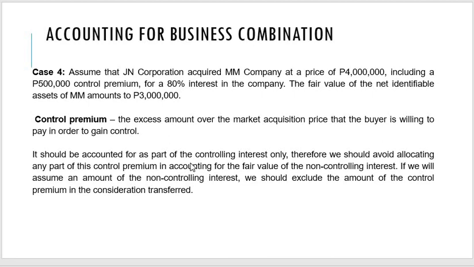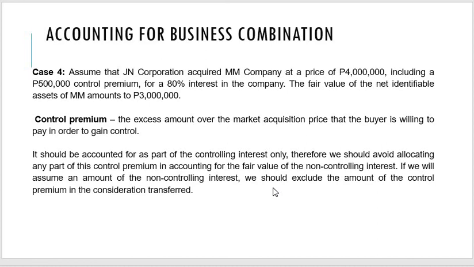Control premium is the excess amount over the market acquisition price that the buyer is willing to pay in order to gain control. Okay, so it should be accounted for as part of the controlling interest only. Therefore, we should avoid allocating any part of this control premium in accounting for the fair value of non-controlling interest.